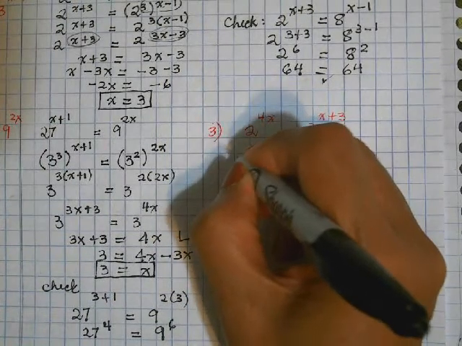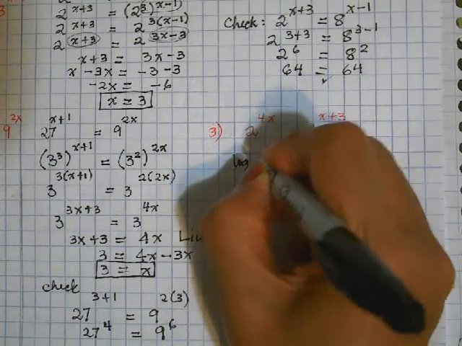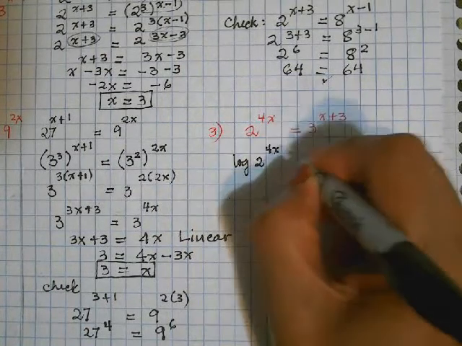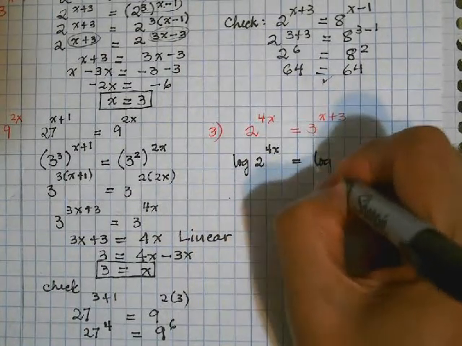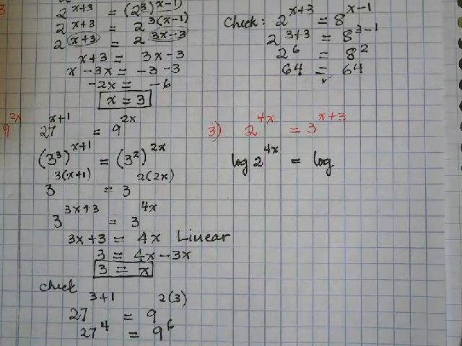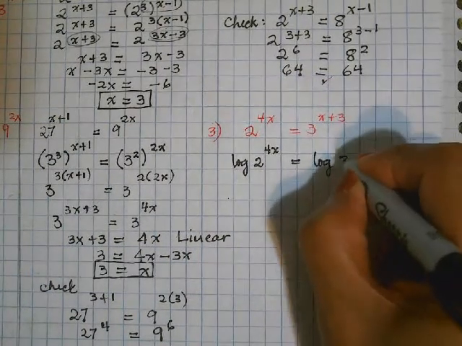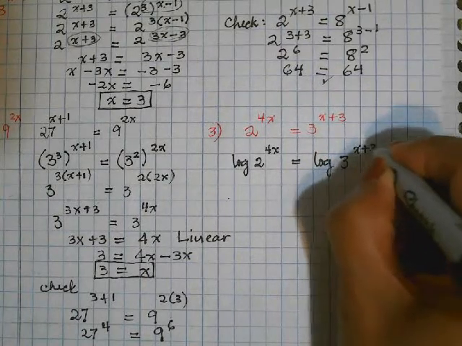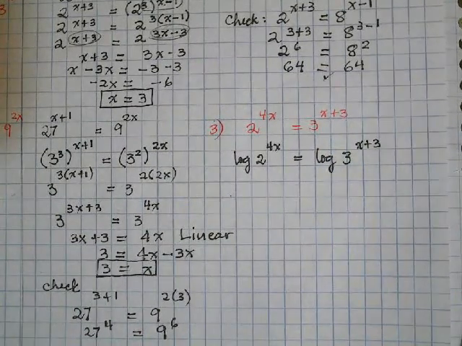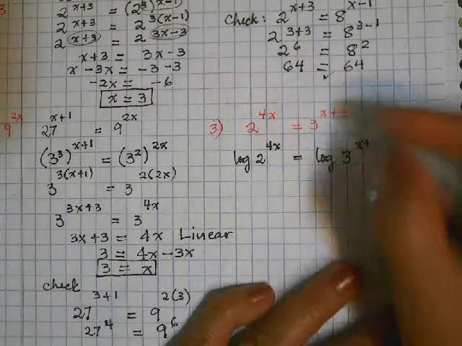So you will write log of 2 raised to 4x is equal to log, let's just use base 10 because it's easy. Okay, log base 10 of 3 raised to x plus 3. Okay, so that is your first step. Use log.